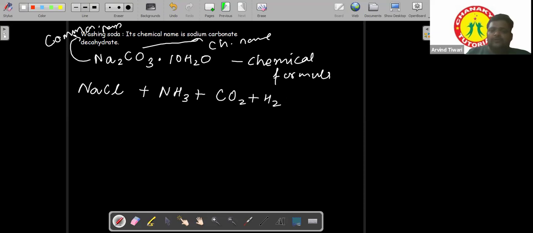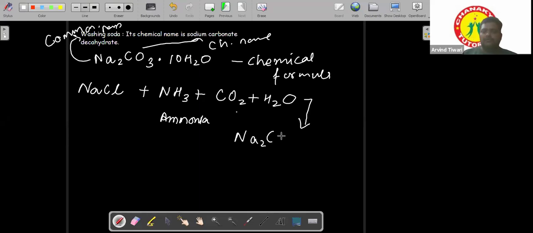So these four substances: sodium chloride, ammonia, carbon dioxide, and water, they all combine together. So you will obtain here sodium carbonate, Na2CO3.